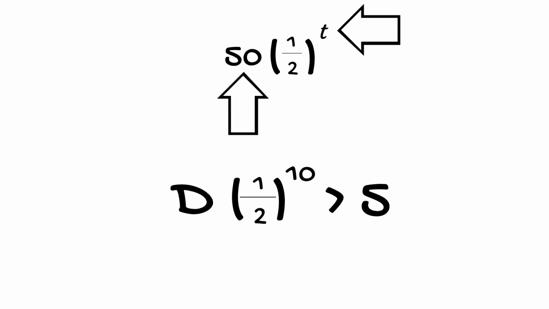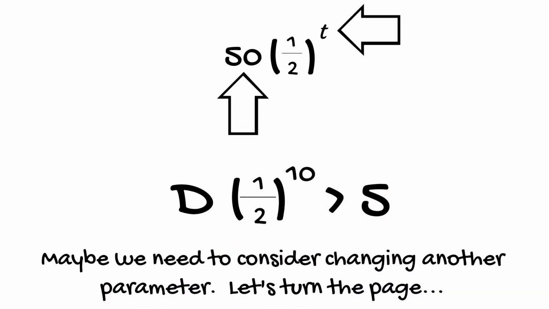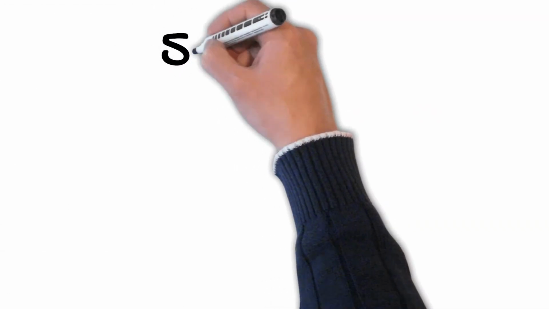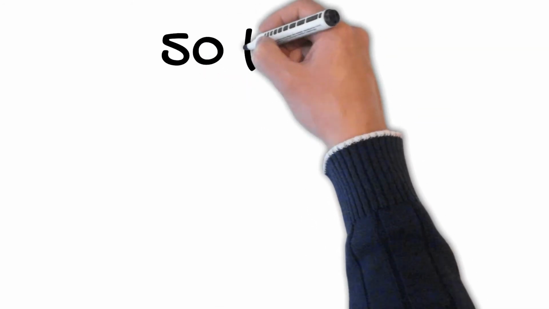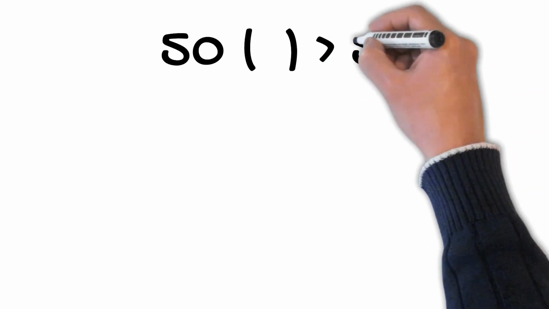In other words, 50 is the most we can safely introduce into the bloodstream. Then maybe what we could do is change another parameter. We could rewrite it in a different way. I can only introduce 50. So at the end of 10 weeks, I want 50, at this rate over 10 weeks, to still be greater than 5.